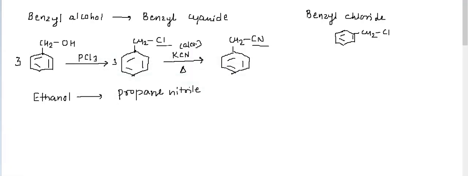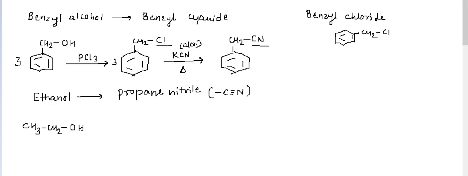Now ethanol is CH3CH2OH. There is no direct method to convert an OH group directly into a nitrile group. Nitrile is also a cyanide, always remember. So nitriles are also called cyanides.